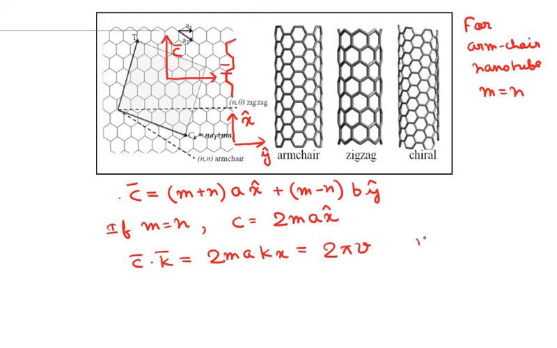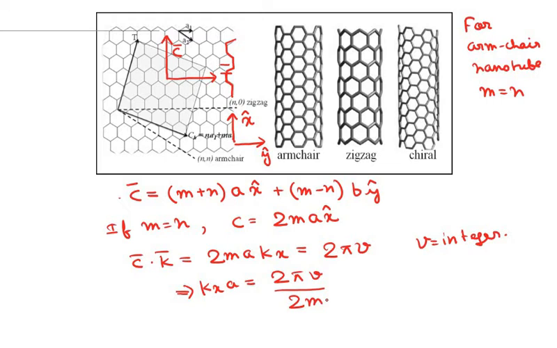Again v is an integer over here. So this product kx a should be equal to 2 pi v divided by 2m.